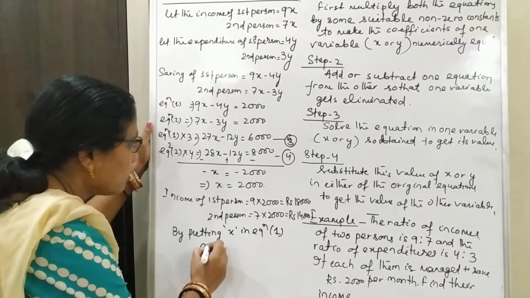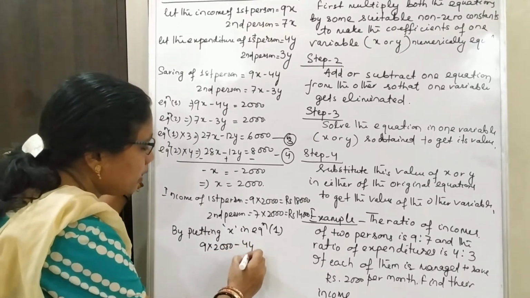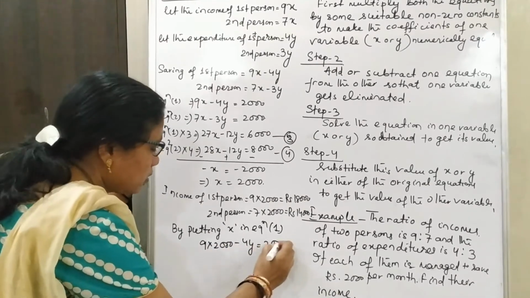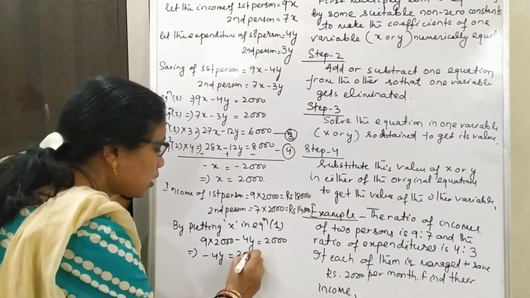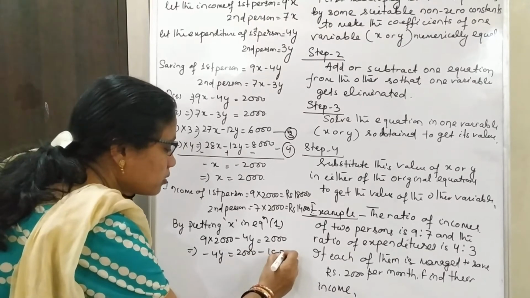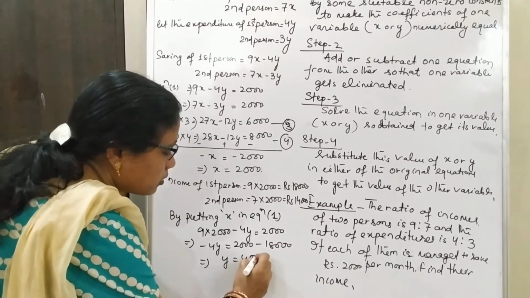So 9 multiplied with 2000 minus 4y is equal to 2000. So this implies minus 4y is equal to 2000 minus 18,000. So this implies y is equal to 4,000.